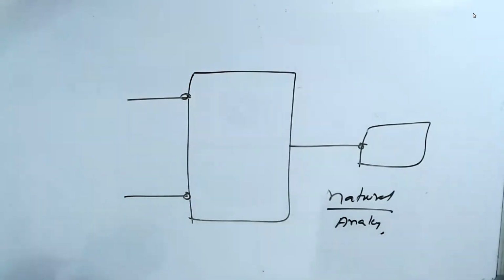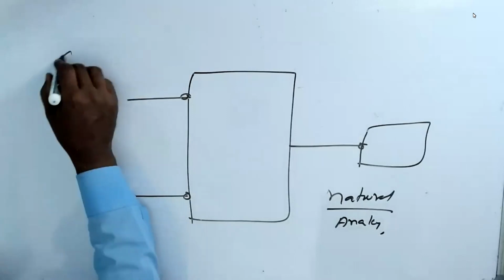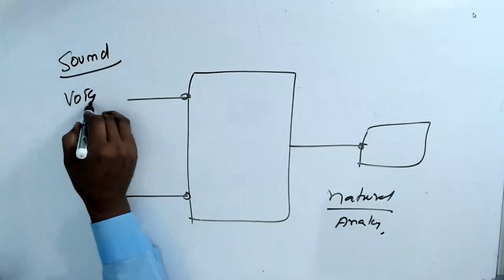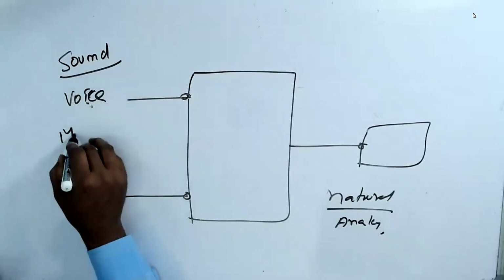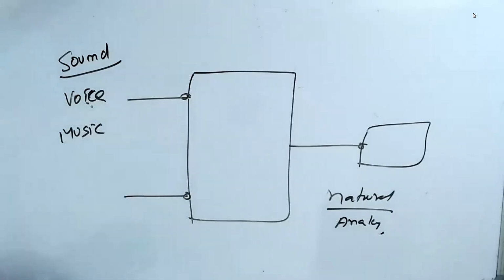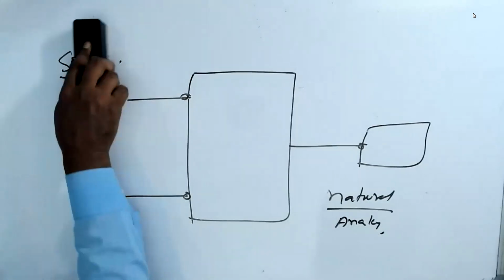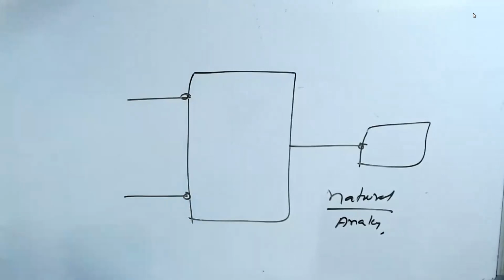For example, your sound, your voice, music, all of them are analog. They are not digital. If you put the switch on and off, you don't hear.